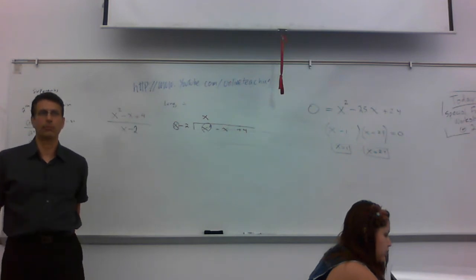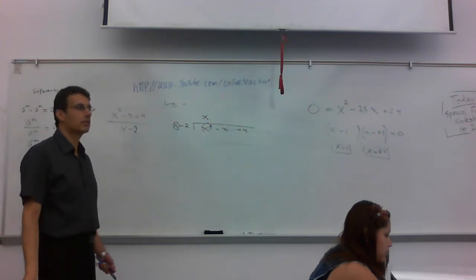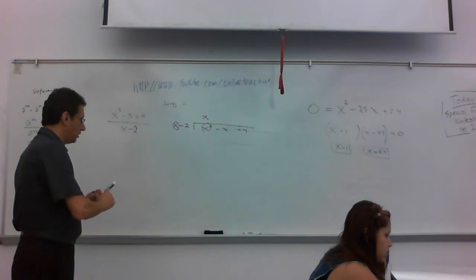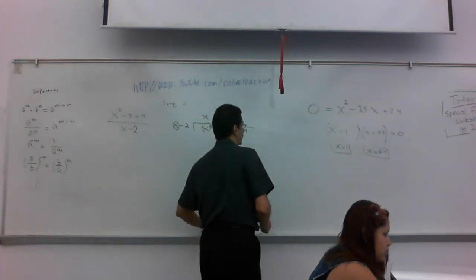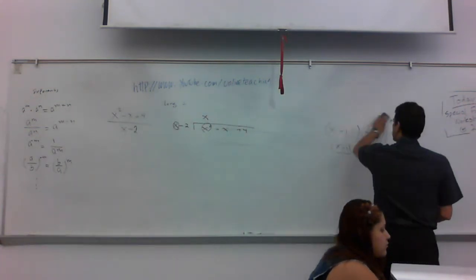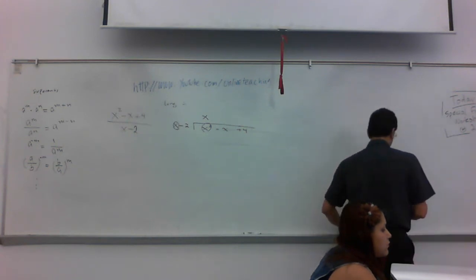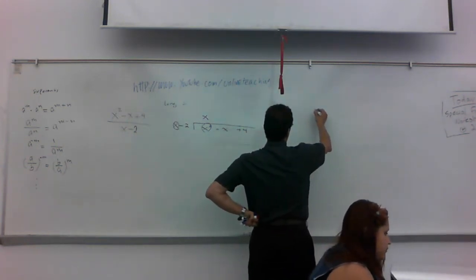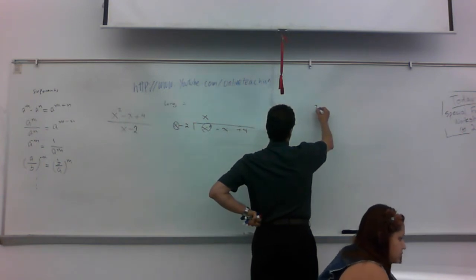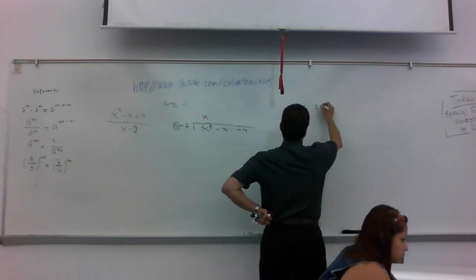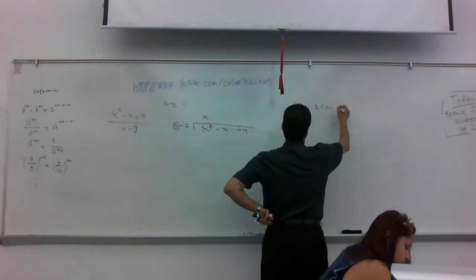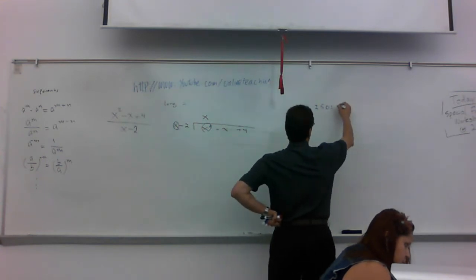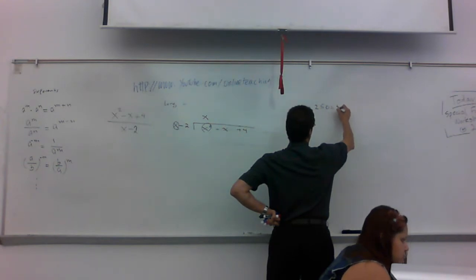Okay, if you were to compare this to just a simple division that everybody knows, let's just make up a very simple case. If you have, let's say, 250, and you want to divide it by, let's say, 8.